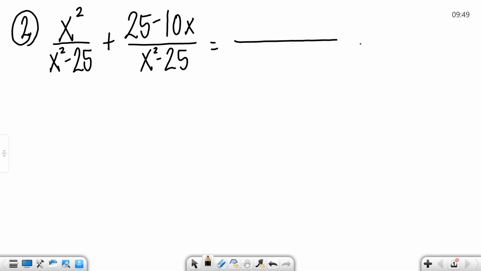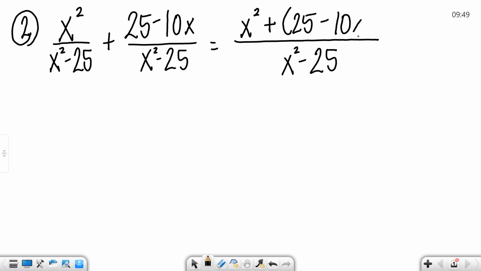Since our denominators are the same, we can go ahead, transfer the denominator over once, and we add the numerators. All right. Now when I distribute this positive through there, it does not change the signs.